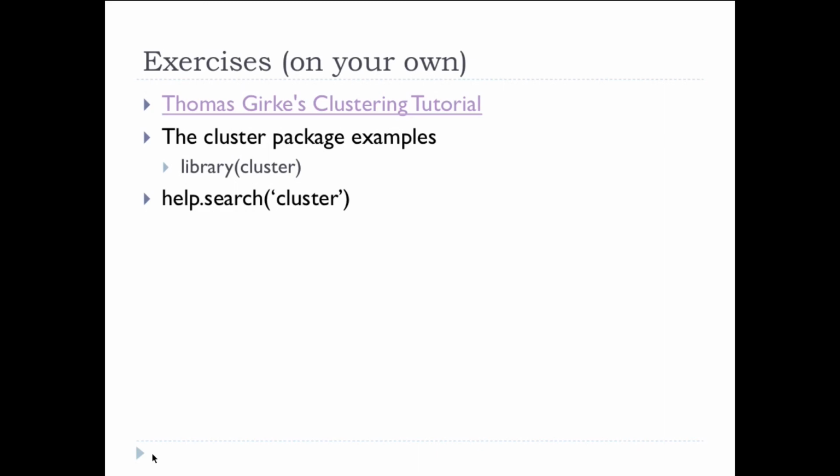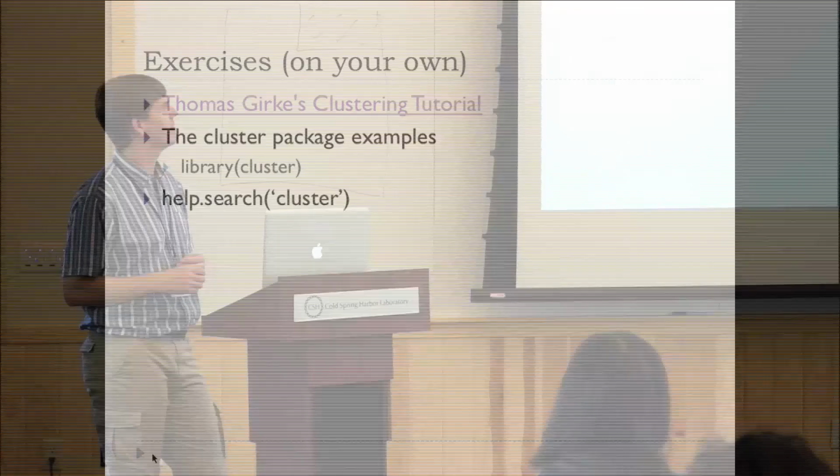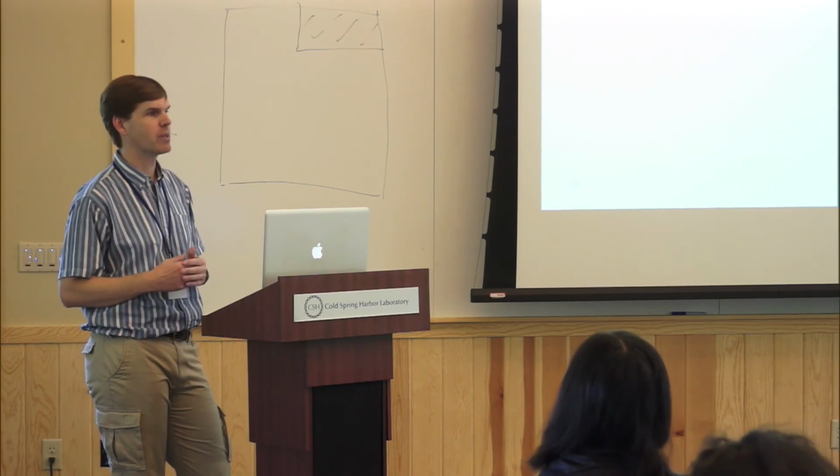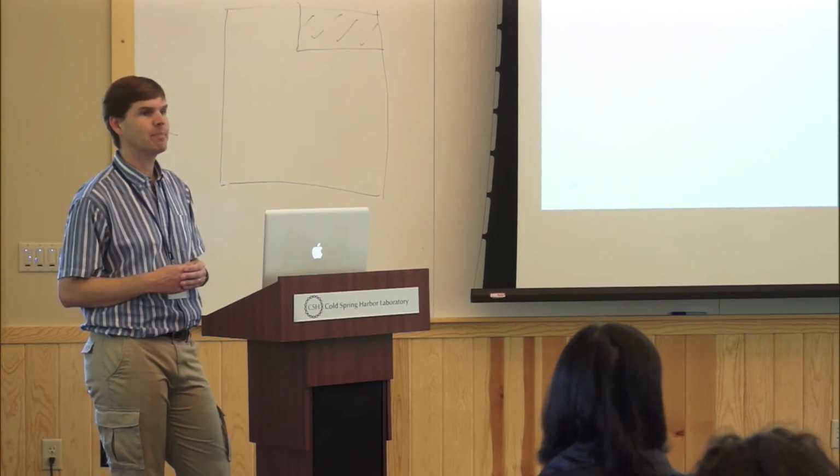Some of them are agglomerative hierarchical, some of them are divisive hierarchical clustering. Other types of clustering as well. You can just type example and then the name of the clustering algorithm, and it will run an example for you. And if you really want to be overwhelmed, do help.search cluster, and you'll probably find that there are dozens or hundreds of R functions that have the word cluster associated with them. So, all right, I'll stop there.